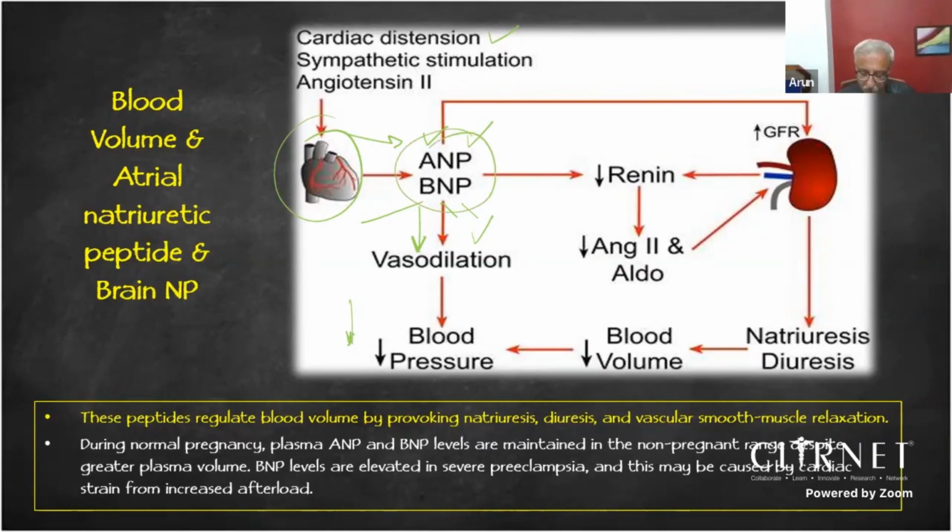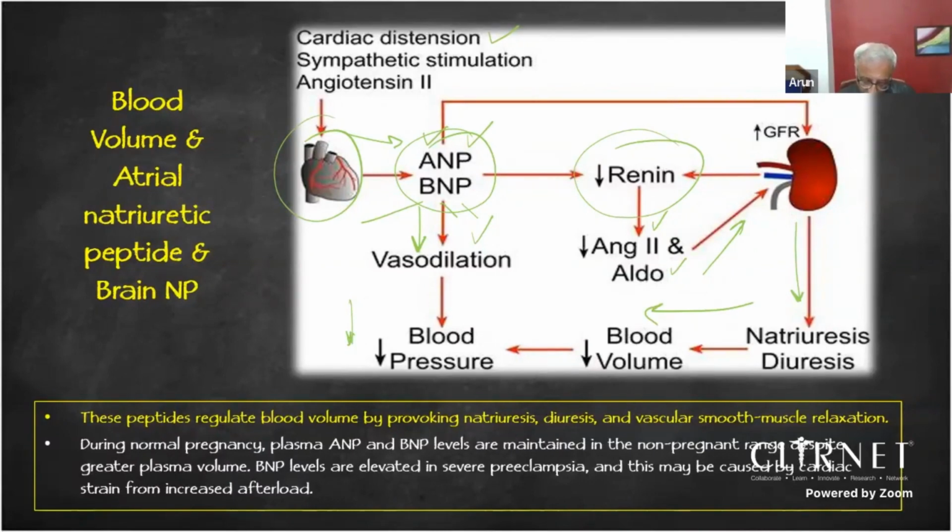These two things also cause a decrease in renin. Again, we understand that if we have increased renin, it was causing an increase in blood pressure or an increase in plasma volume. Once it is decreased, there is decreased angiotensin 2 and aldosterone. So that will further act on the kidneys. So there will be natriuresis and a decrease in blood pressure.